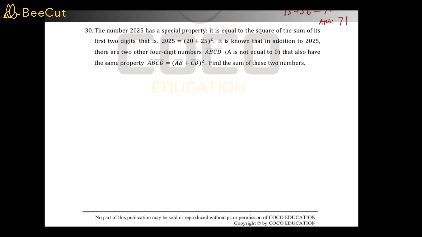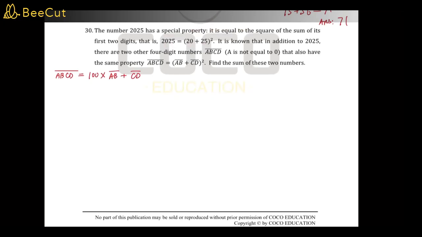So to do this, we can look at the number ABCD. Now ABCD just equals 100 times AB plus CD. It's 100 times the first 2 digits plus the last 2 digits that gives us the original number.